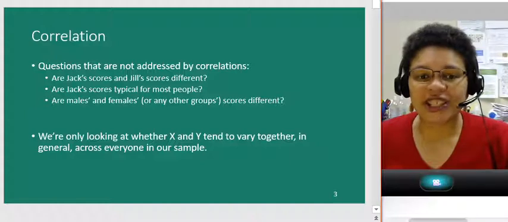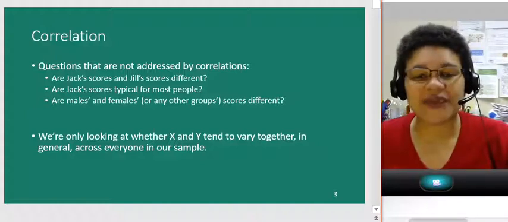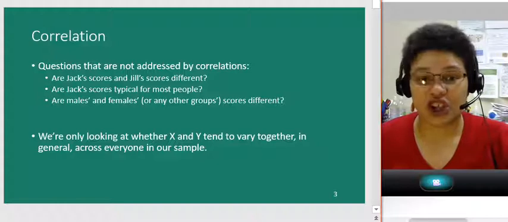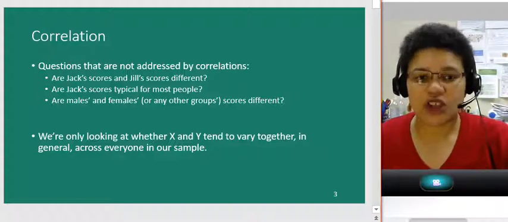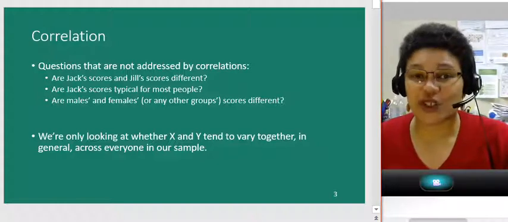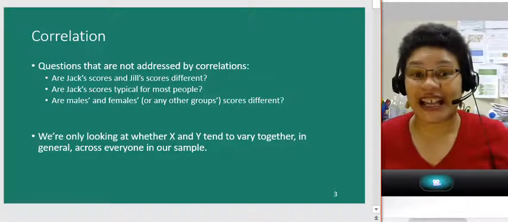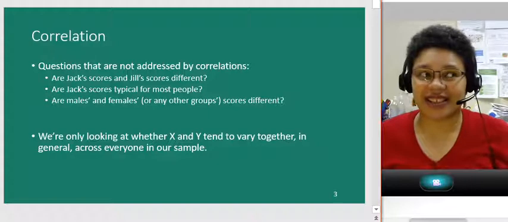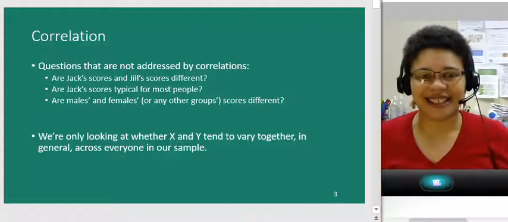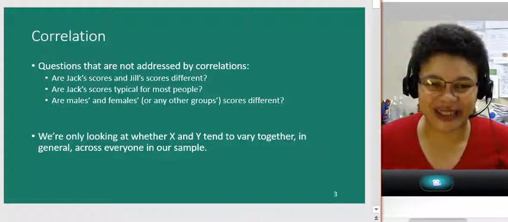We're only looking at whether X and Y tend to vary together in general across everyone in our sample. Jack's scores and Jill's scores are two individuals, so we're not generalizing there. You can just look at them and say, yes, they scored different things, because those are individuals.